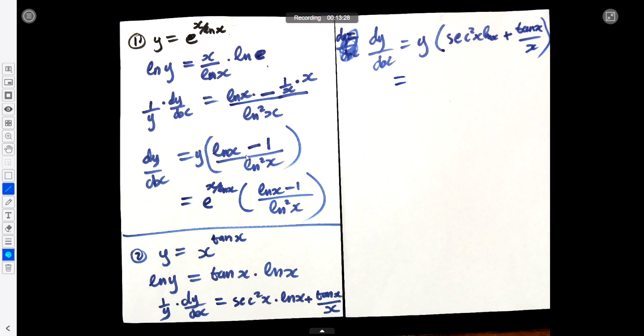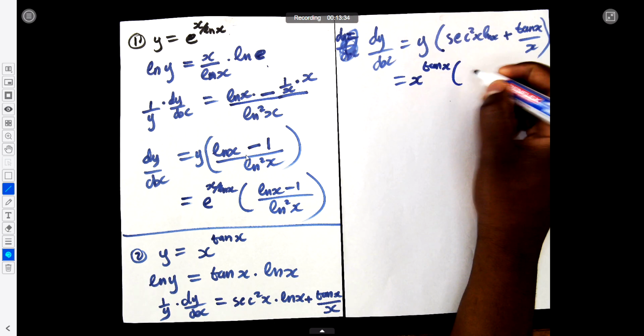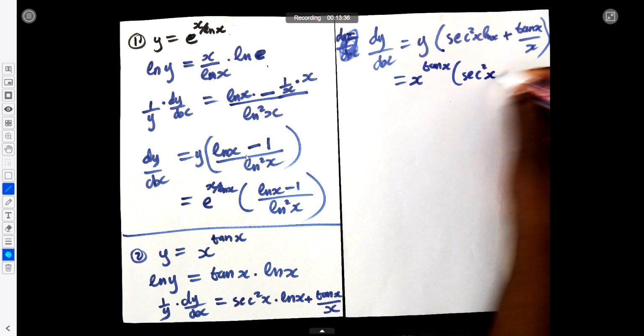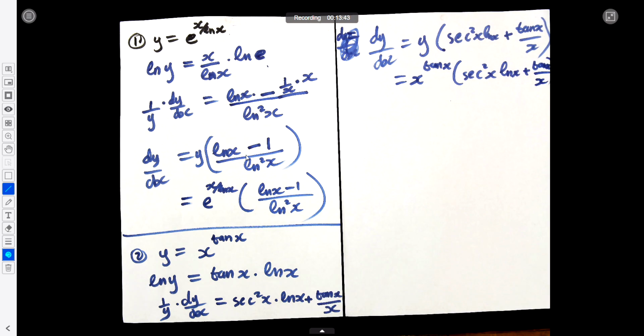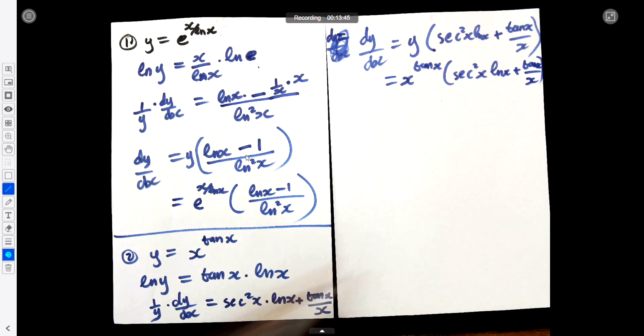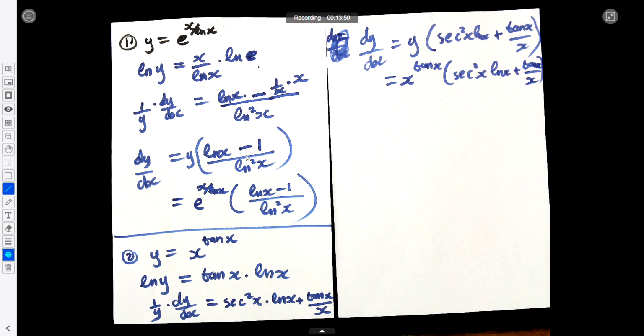Please substitute back the value of y, which is given by x to the power of tan x. In bracket, sec squared x ln x plus tan of x all divided by x. So that is the derivative of x to the power of tan x.